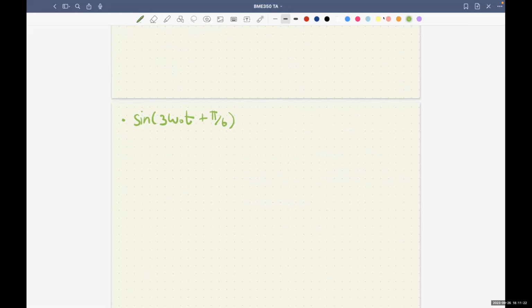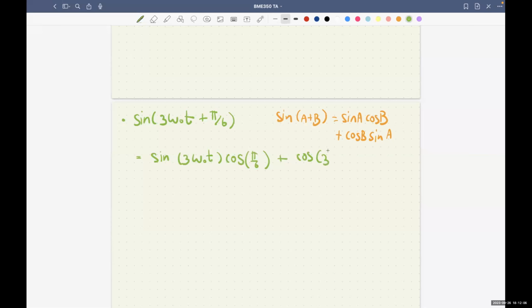And remember, sine A plus B equals sine A cos B plus cos A sine B. So I'll get this term here as sine 3 omega naught t times cosine pi over 6, plus cosine 3 omega naught t times sine pi over 6.